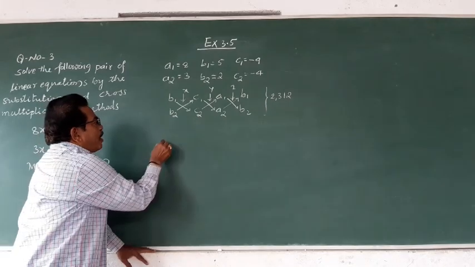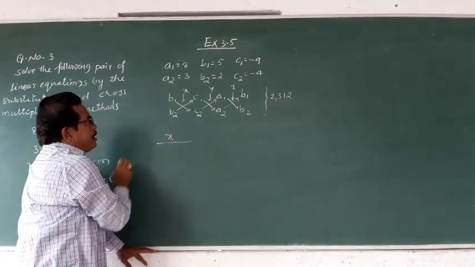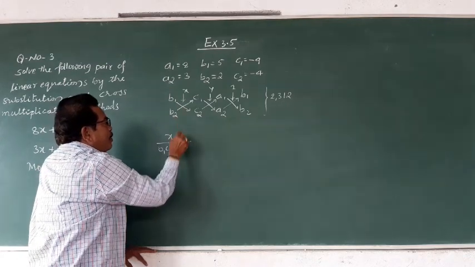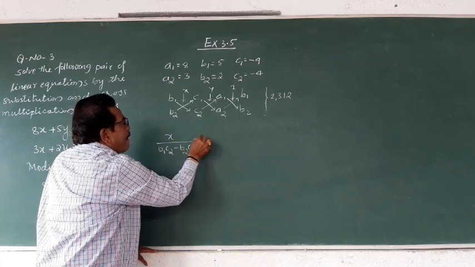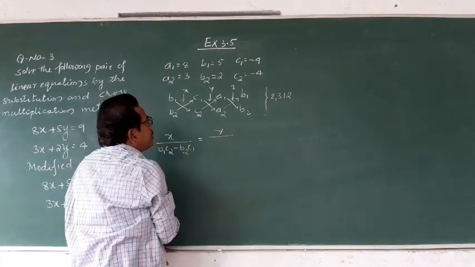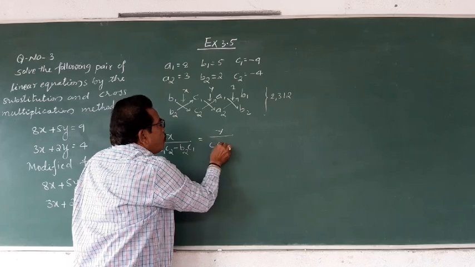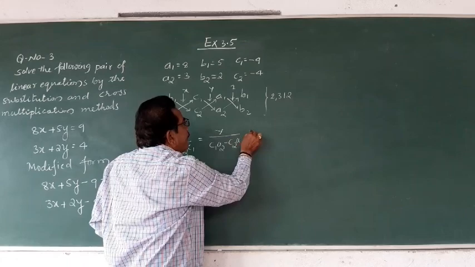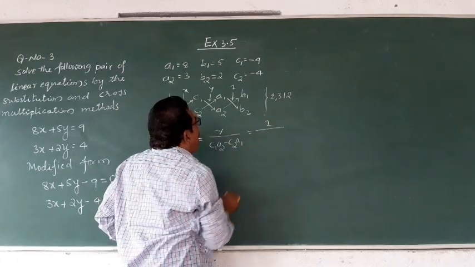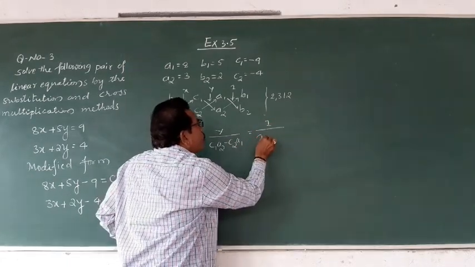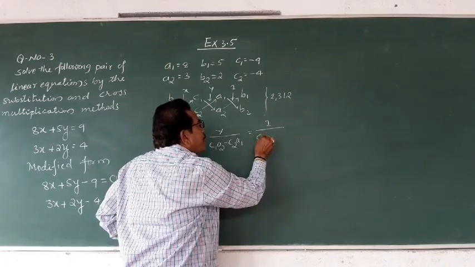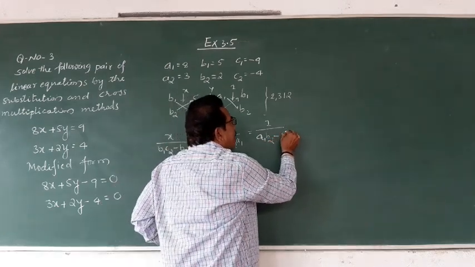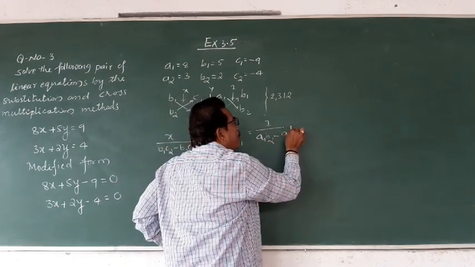Now x divided by b1 c2 minus b2 c1, y divided by c1 a2 minus c2 a1, that is equal to 1 divided by a1 b2 minus a2 b1.